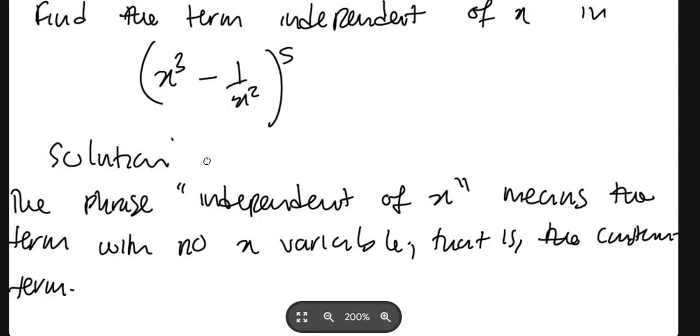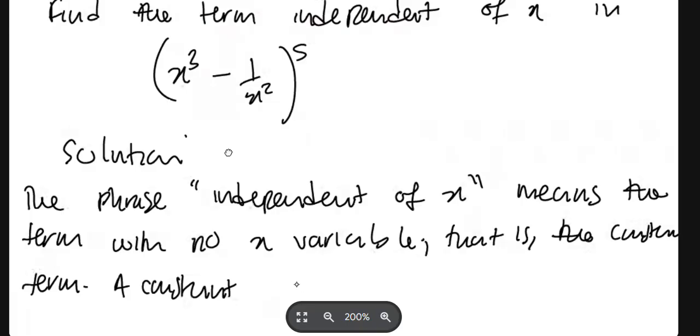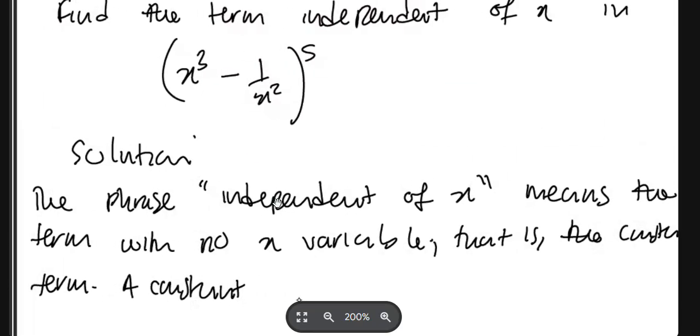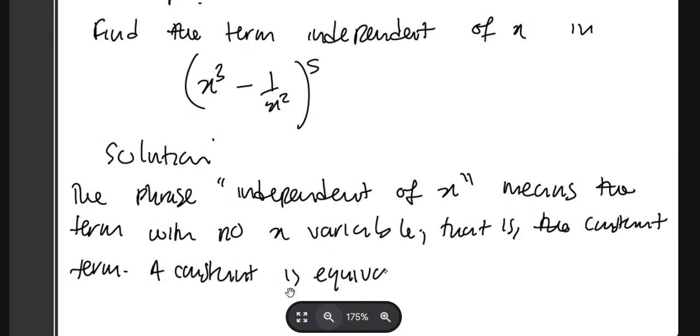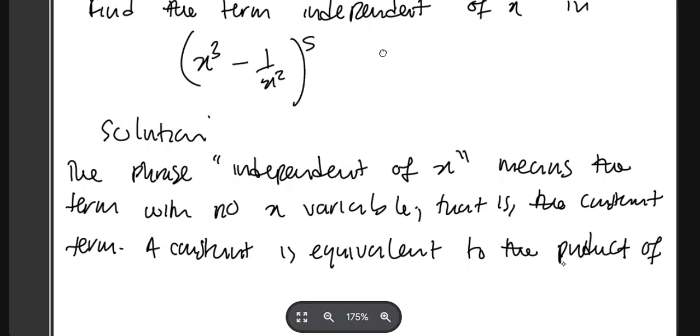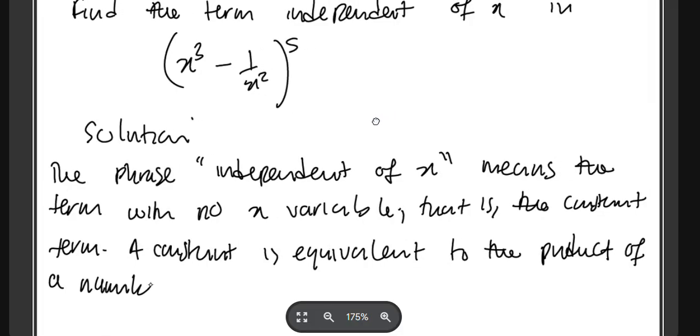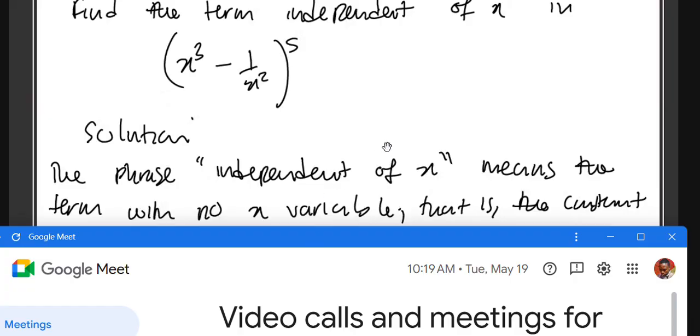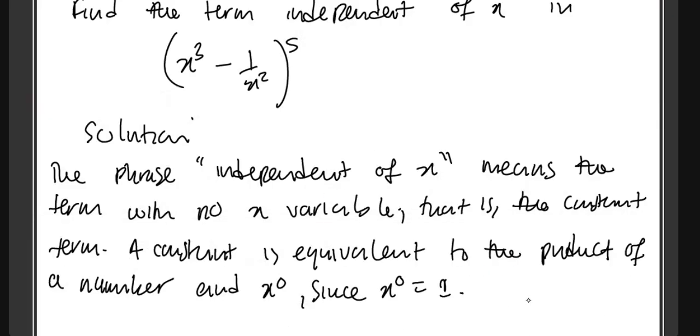Now, like you've said, a constant is equivalent to the product of a number and x to the power 0, since x to the power 0 is 1. Okay? So that's what we're looking at.